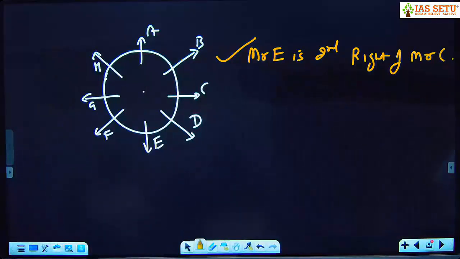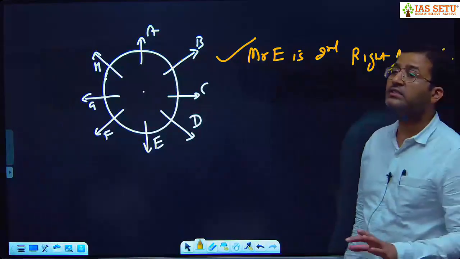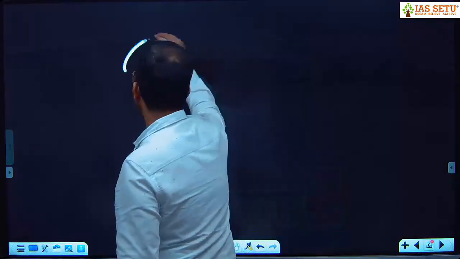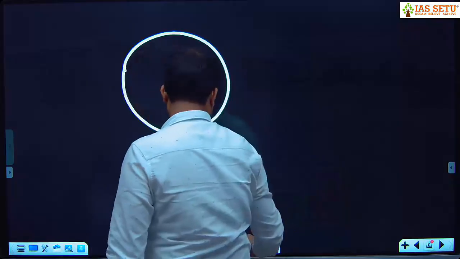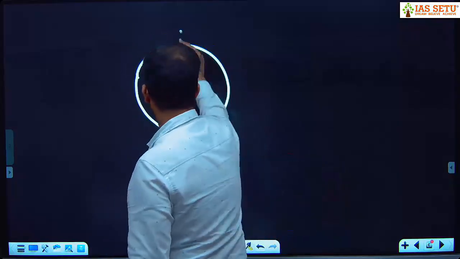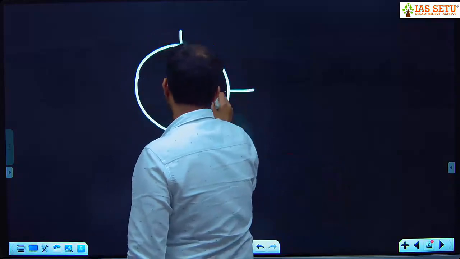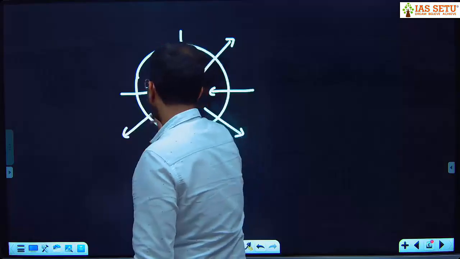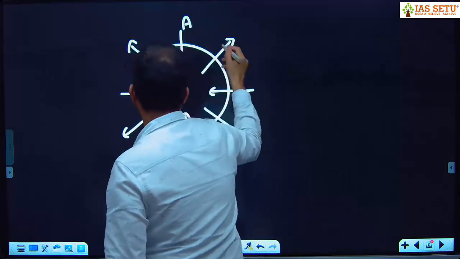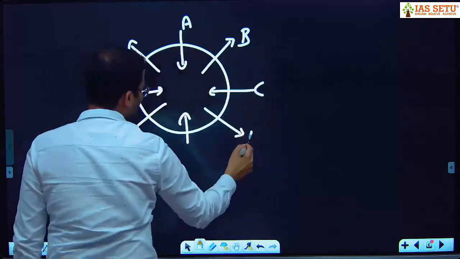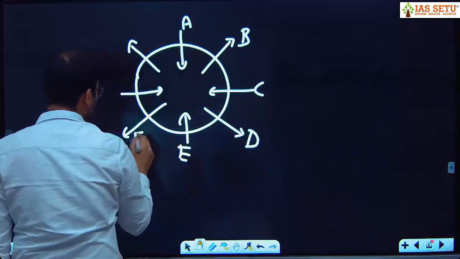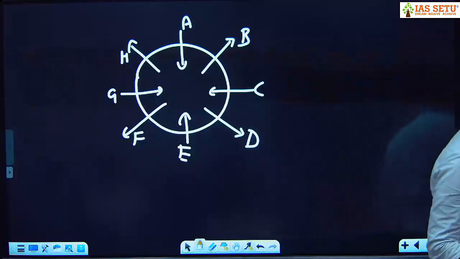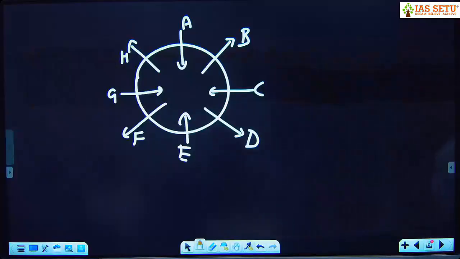Here also I take one miscellaneous case where some people are facing center, some people facing away from center. For example, there are 4 couples sitting around a round table where the husbands are facing center and the wives are facing away from center. I don't know the reason, but it's like Mr. A, Mrs. B, Mr. C, Mrs. D, Mr. E, Mrs. F, Mr. G, Mrs. H. I repeat.